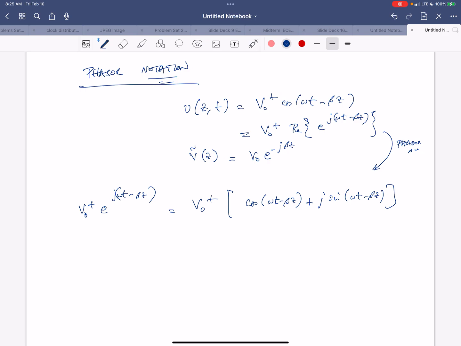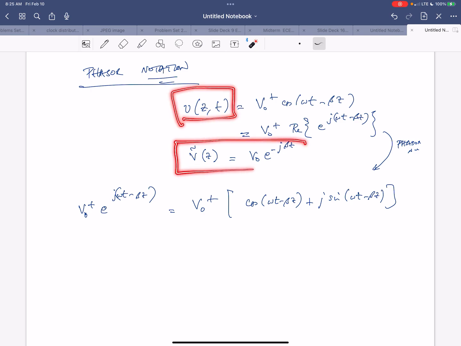So all it means is that for the time being, I'm going to drop that, and I'm going to drop this real part thing, and do all my calculations without keeping track of the real part and j omega t. The phasor notation doesn't really mean anything, the real waveform is this guy.